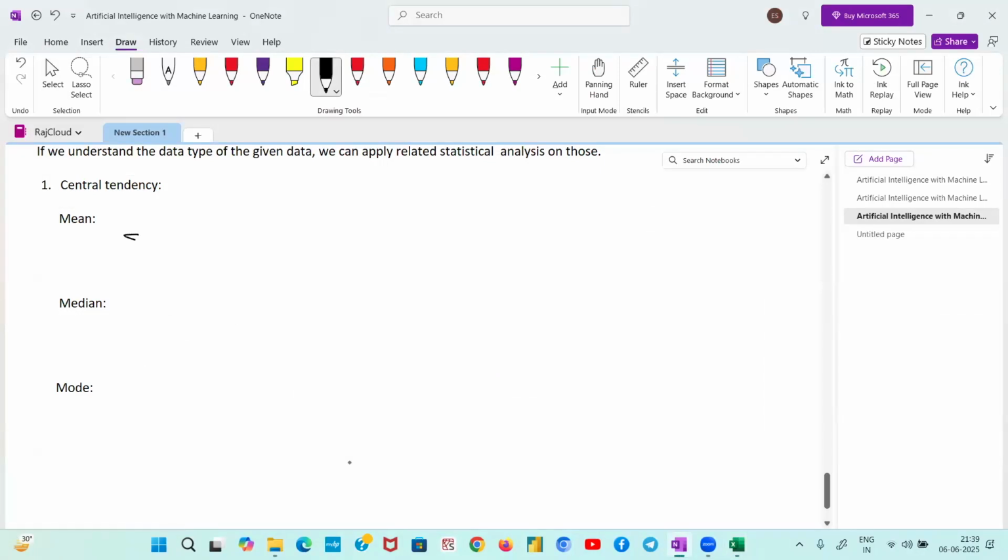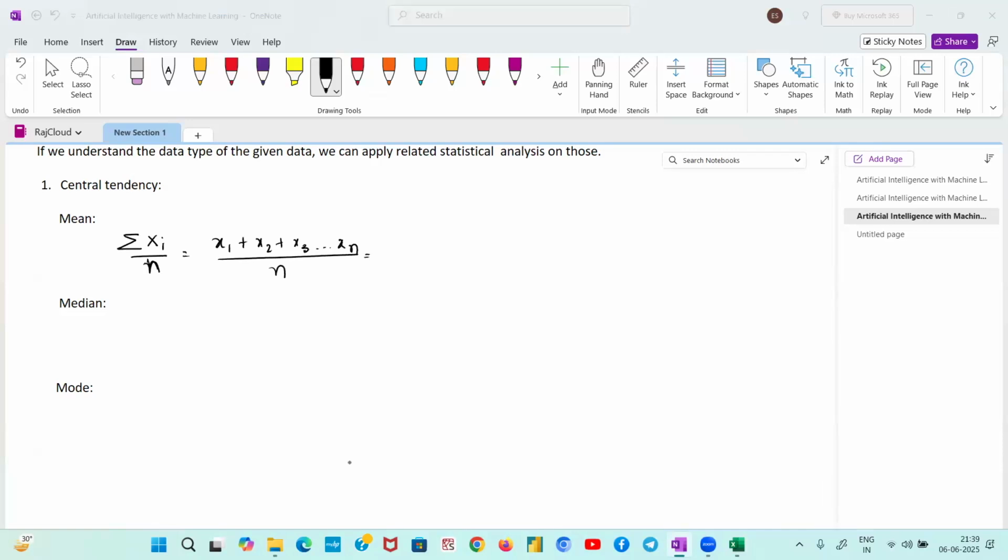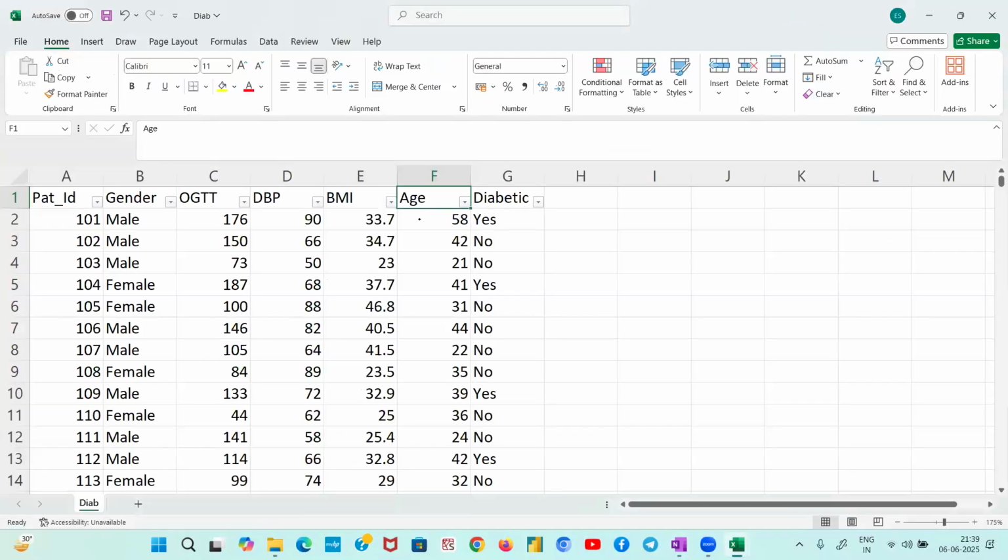Simply, the formula is summation of xi divided by n. We are supposed to add all the values till xn and divide by n.